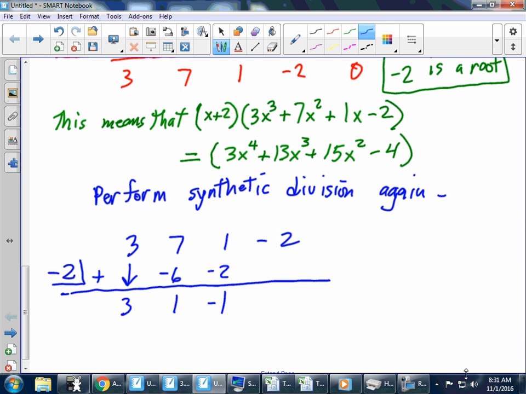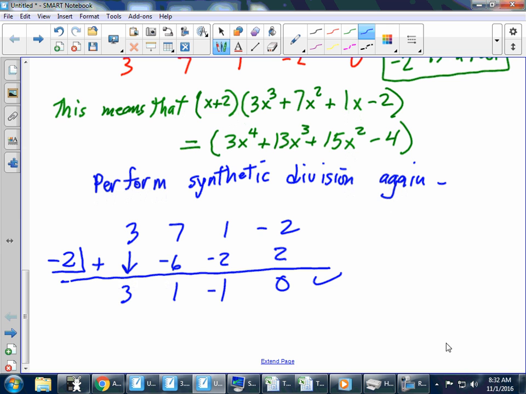Let's double check. Negative 1 times negative 2 is 2. Add: 0. Boom. So now this is 3x squared plus 1x minus 1.